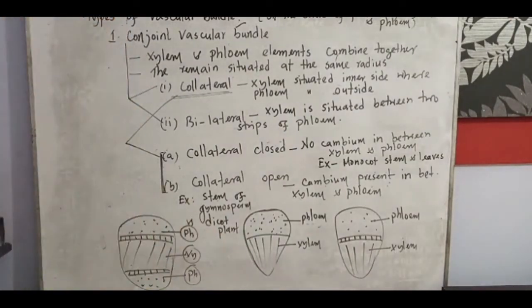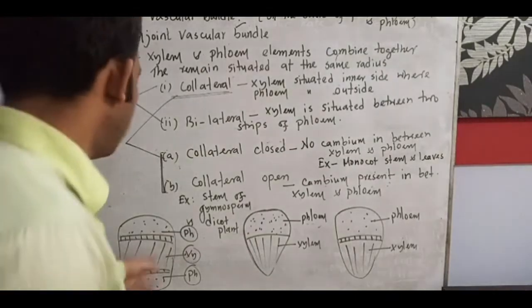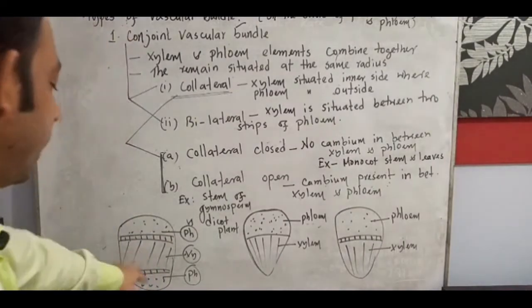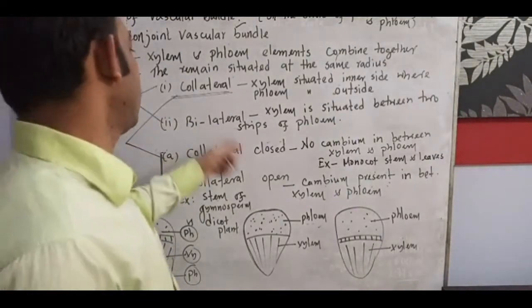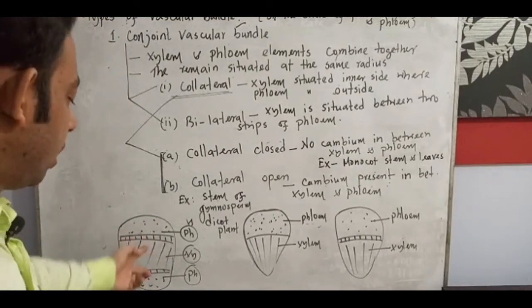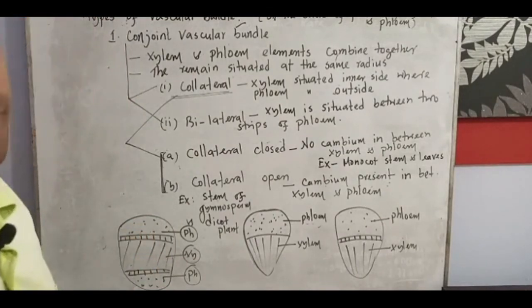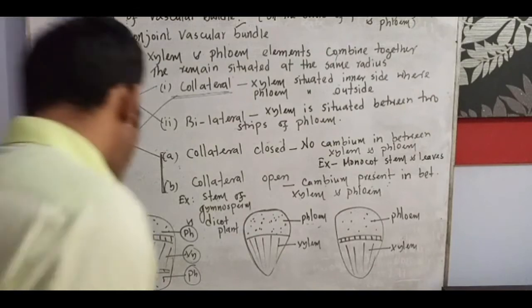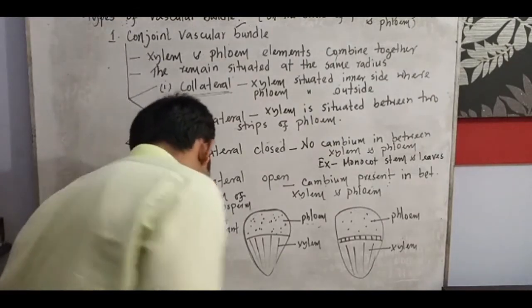The xylem is present in between the two strips of the phloem. That is very important for connecting with the bilateral vascular bundle. Bilateral means phloem on two sides, and in the middle will be the xylem. It is very important.